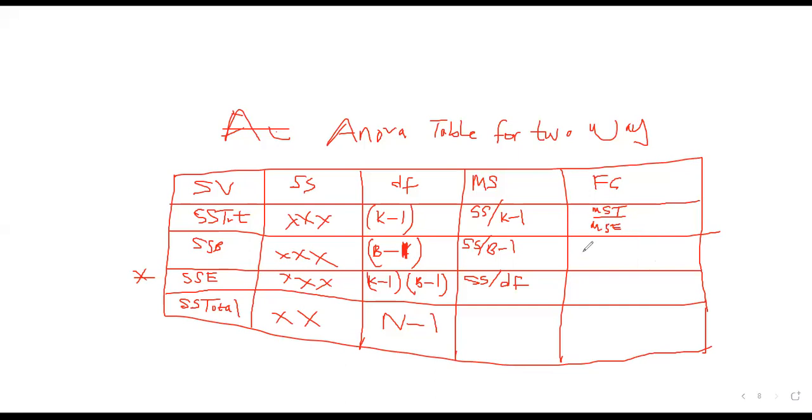Then the F calculated for blocks is the mean square blocks divided by the mean square error, MSE. All right. So here we don't find the F calculated for these ones here.